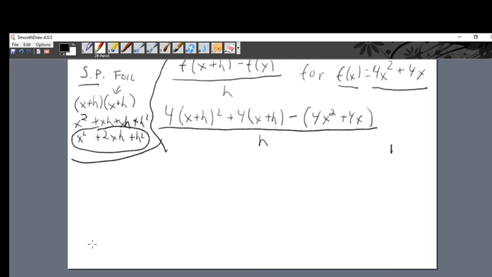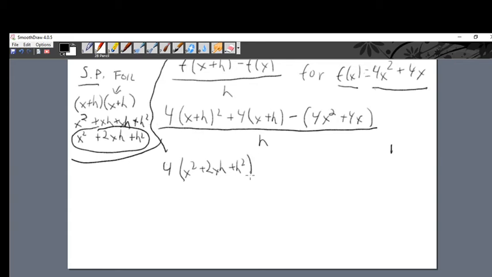There we go. Okay, here's where you can see what I'm doing here. What is x plus h squared? We worked it out on scrap paper. x plus h squared is the same thing as x squared plus 2xh plus h squared, right?